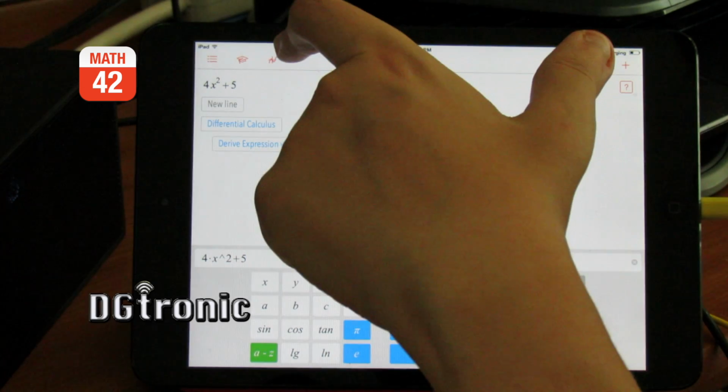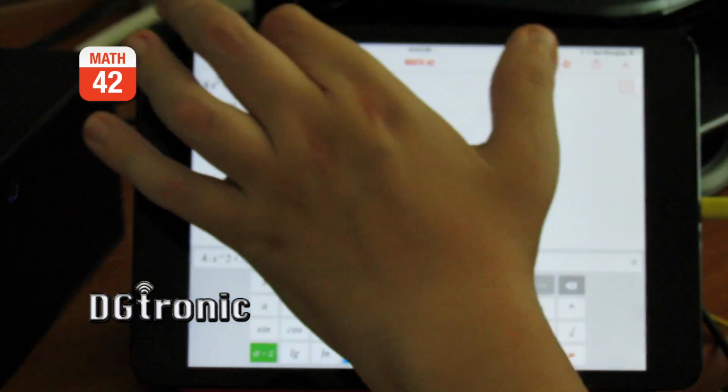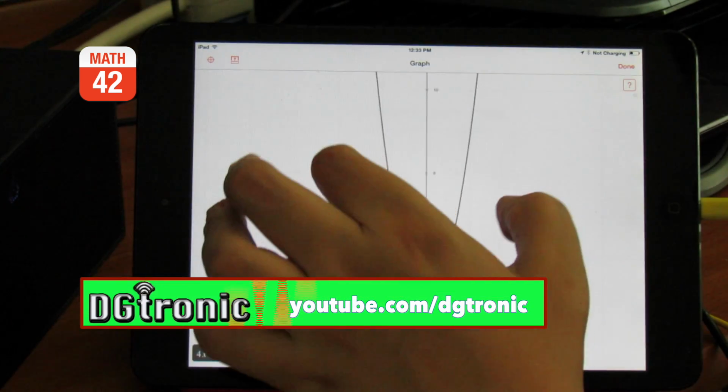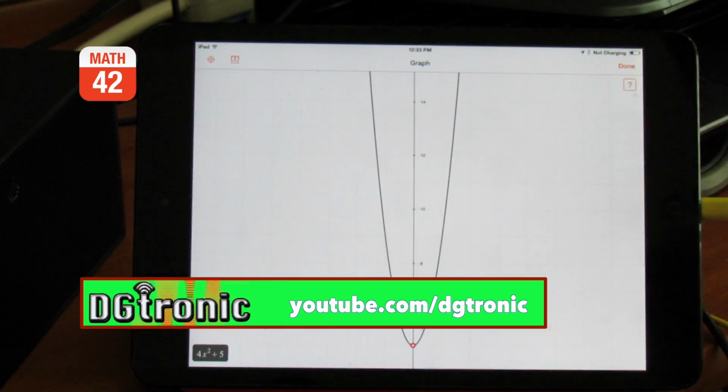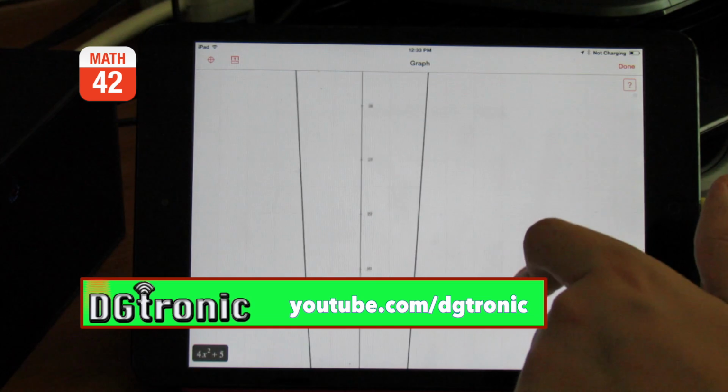And let's do the graph by tapping the graph icon up here in orange. And right there is the graph that I just drew.